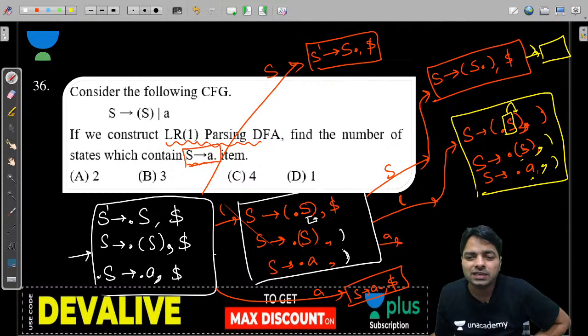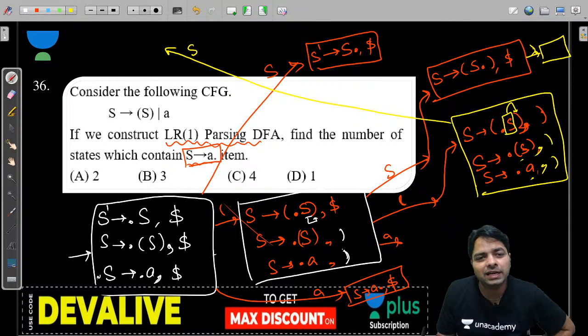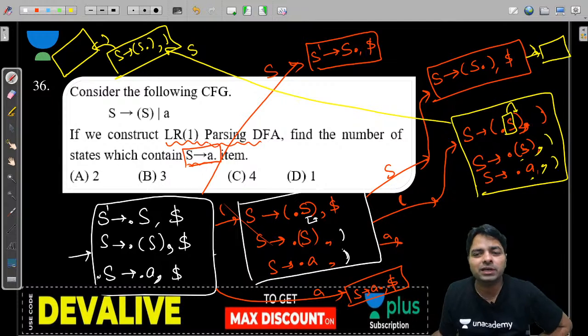And guys, here when you read one more S, I'm going this side. If you read S, you will get S dot closed parenthesis, and then you can read closed parenthesis, you will get one more item here, just leave it.